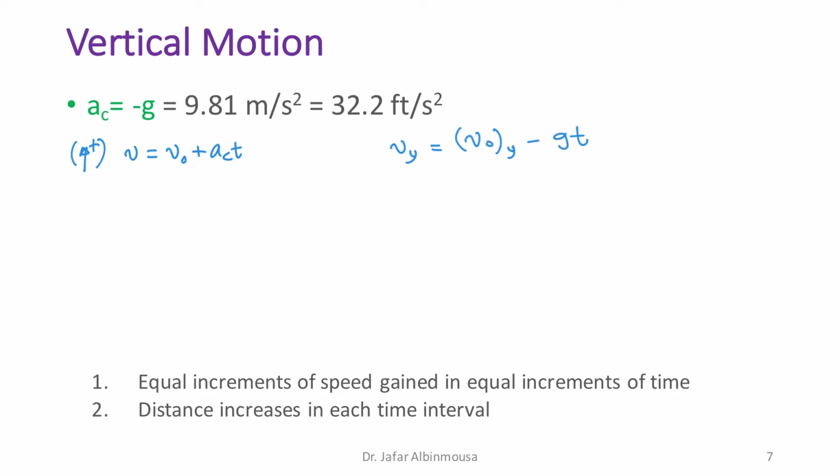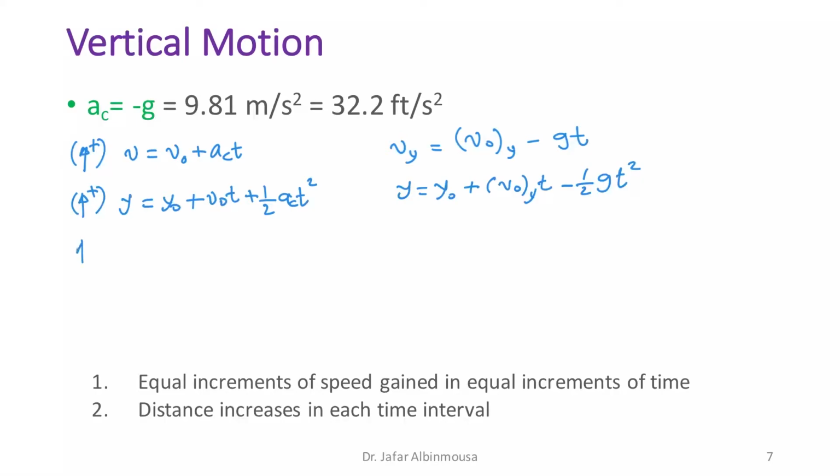The second equation is y equals y0 plus v0t plus half ac t squared. Rewriting it, y equals y0 plus v0y t minus half g t squared.